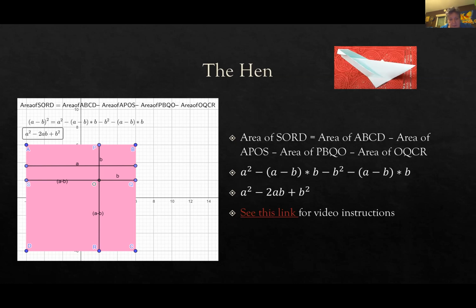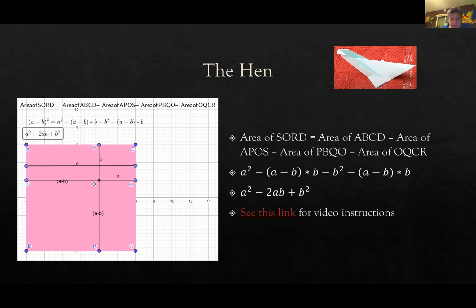And the rectangular area here, OQRC, comes to b times (a - b). You'll notice in the formula, we have an a². So a² is one of the areas, minus (a - b) times b, and minus b², which is this OQRC, minus (a - b) times b, which simplifies, believe it or not, into the fold of a² - 2ab + b².